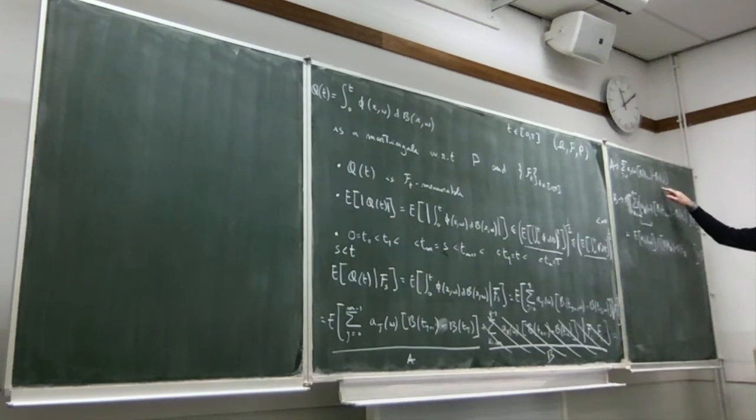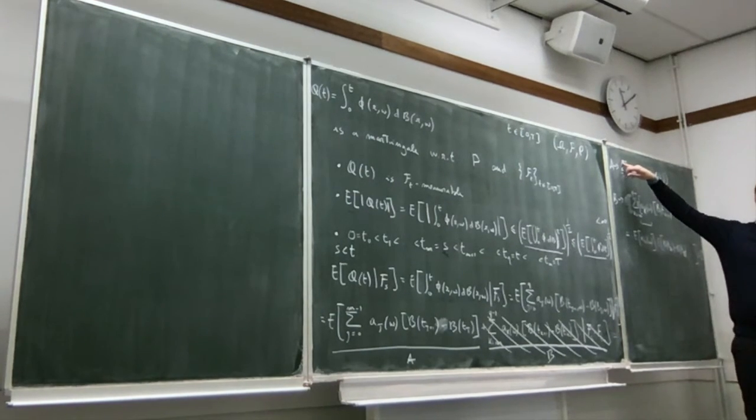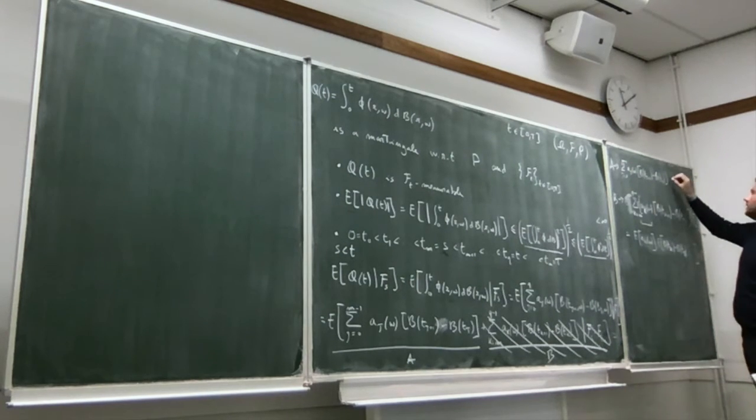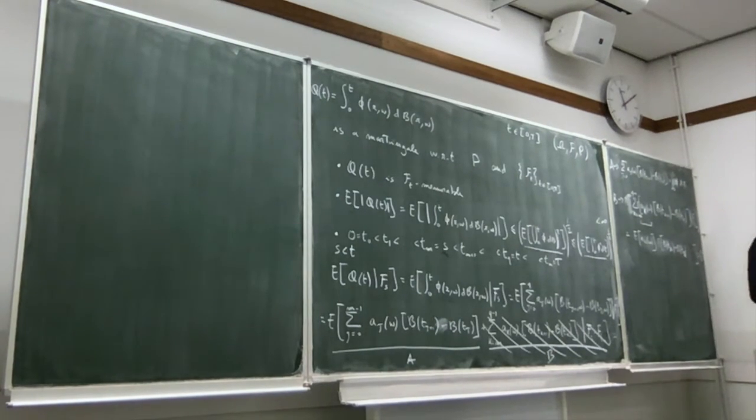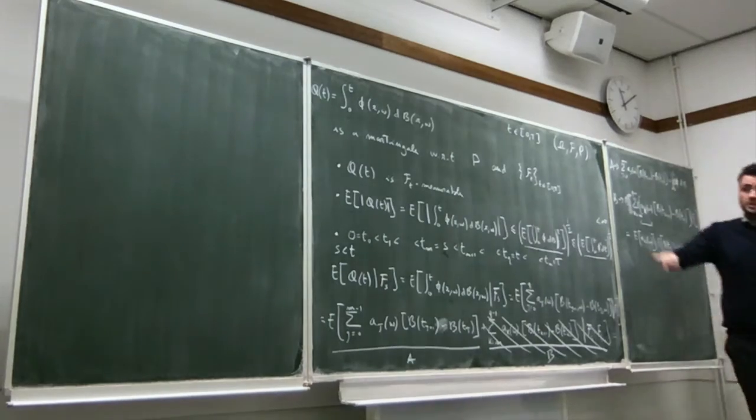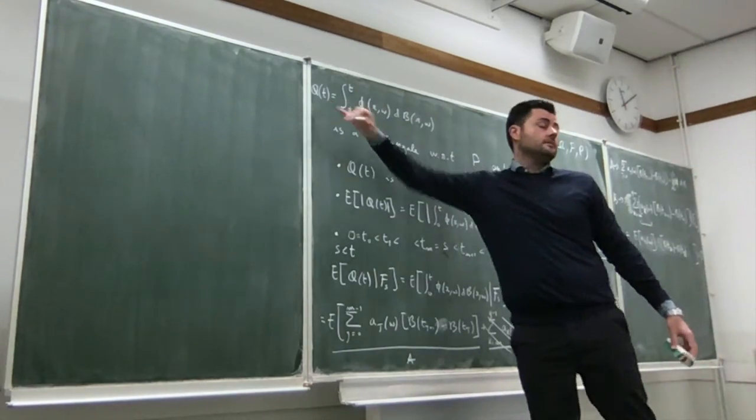But now consider this. Remember what we have chosen with respect to T_m equal to S, and you will see that this is equal to the integral between 0 and S of phi dB, which is Q_s then.